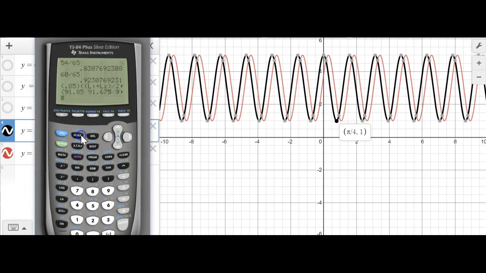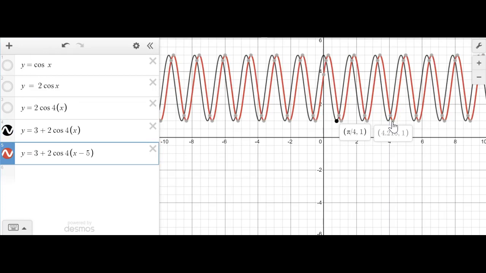Go to the main screen here, clear everything out. What is pi over 4? It tells me that pi over 4 is 0.7853. So if I've shifted to the right by 5, I should be at 5.7853, which, lo and behold, let's get the red graph up here.